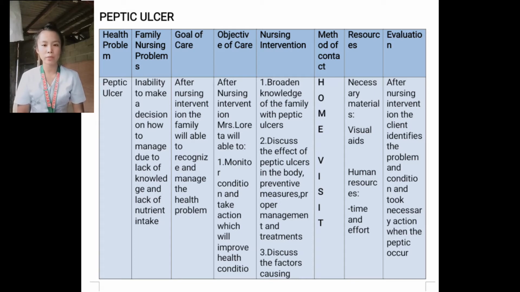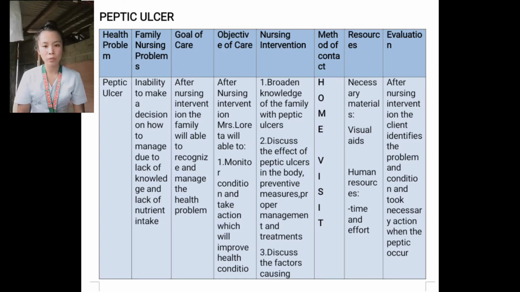The nursing intervention is first, broaden knowledge of the family with peptic ulcers. Second, discuss the effects of peptic ulcers in the family, preventive measures, and proper management and treatments. And lastly, discuss the factors causing peptic ulcers.